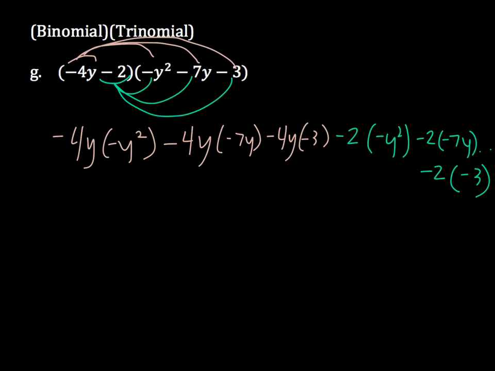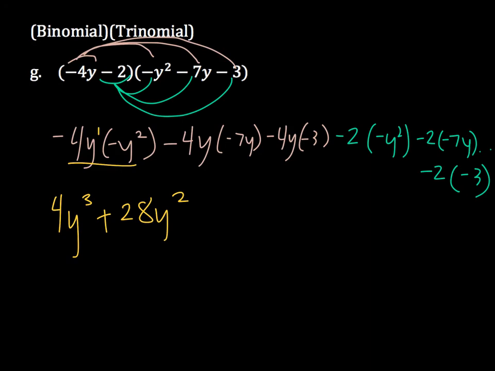Okay, from there I'll combine my like terms. Or we're going to multiply first, then combine like terms. We have negative 4 times negative, that's going to be positive, so 4y to the 1 times y squared is going to be y to the 3rd. Negative 4 times negative 7 is going to be plus 28y times y squared.